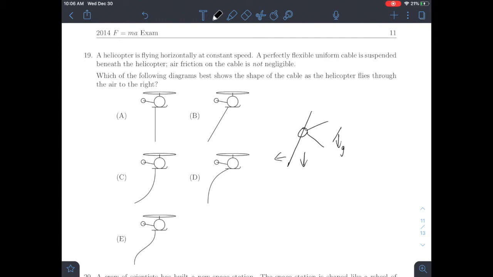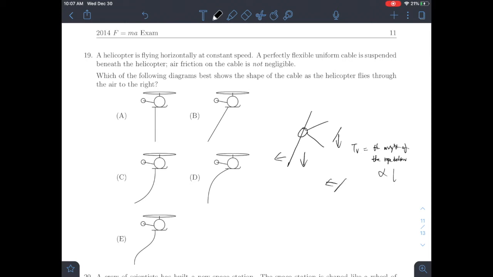One is caused by the gravitational weight of the rope below it, and one is caused by the air friction. Right. So the vertical tension is proportional to the mass of the rope below it. The mass of the rope below it is proportional to L.